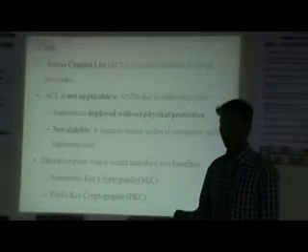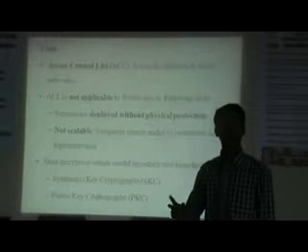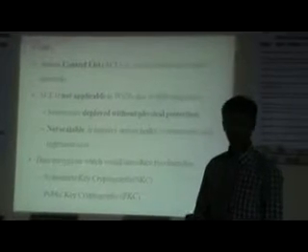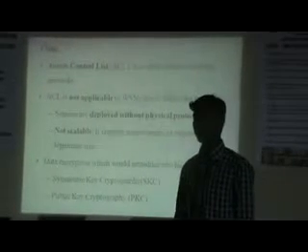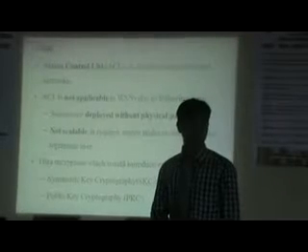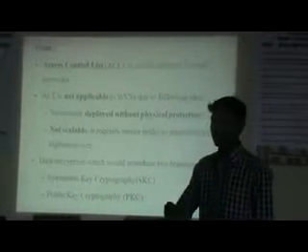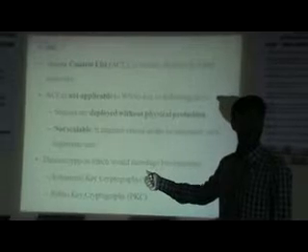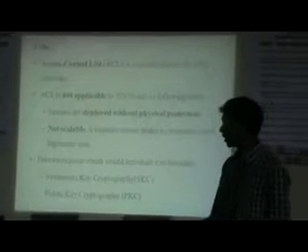In cryptographic technology, there are two major categories. The first is symmetric key cryptography and the next is public key cryptography. In symmetric key cryptography, both encryption and decryption use the same key. That is called symmetric key cryptography, and we can also call it private key cryptography.